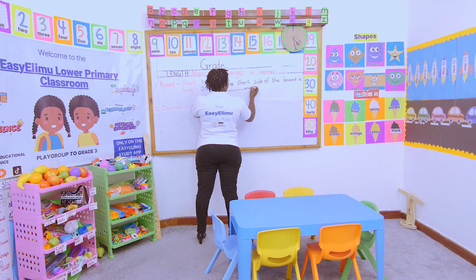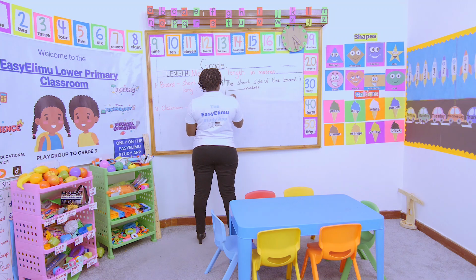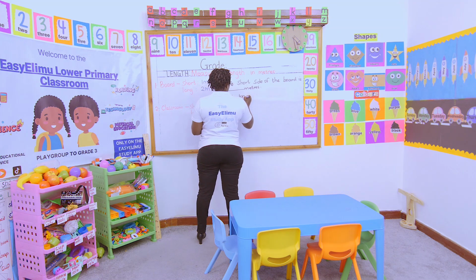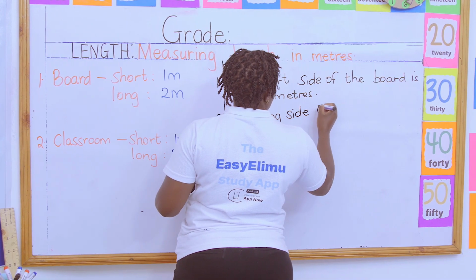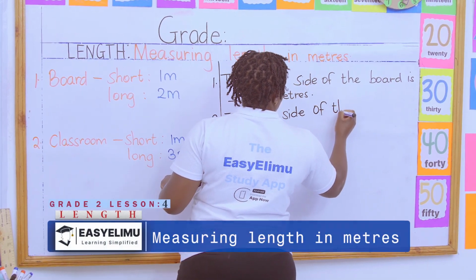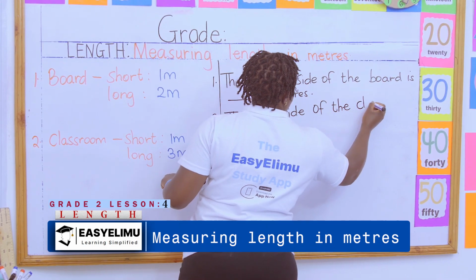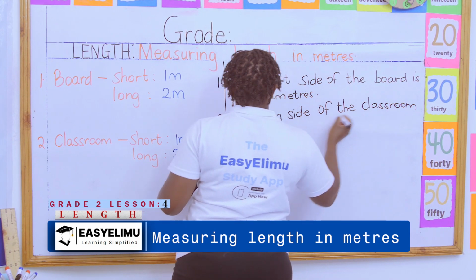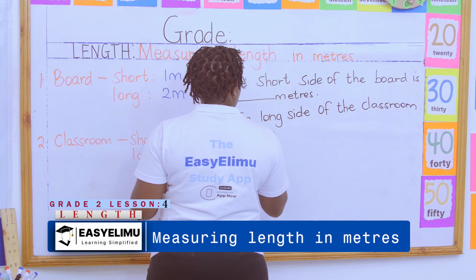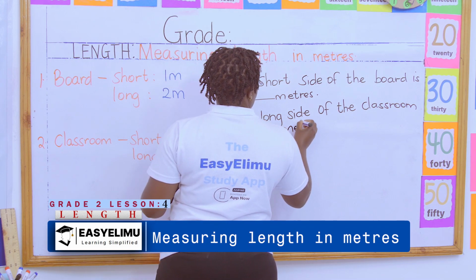So if I write M or I write meters in full, it means the same thing. Then we are saying the long side of the classroom is dash meters.